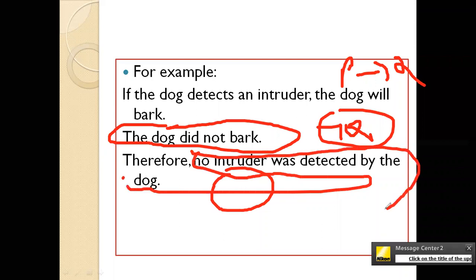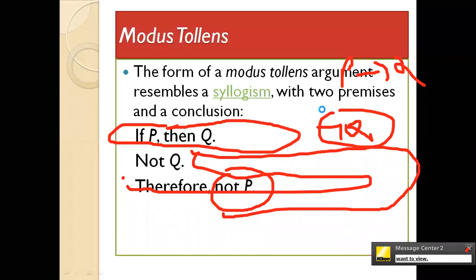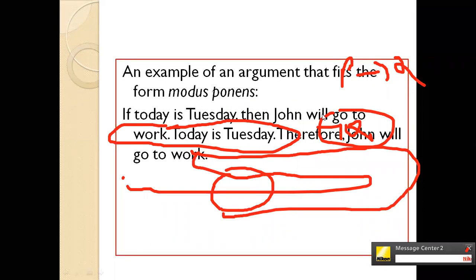Is this clear to you? I hope now with these examples, you have a better understanding of what Modus Tollens and Modus Ponens are. Okay. So now I hope that this concept is clear to you. Now we can try to solve our given question.